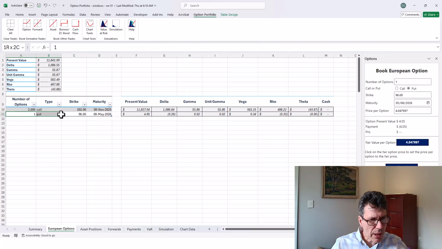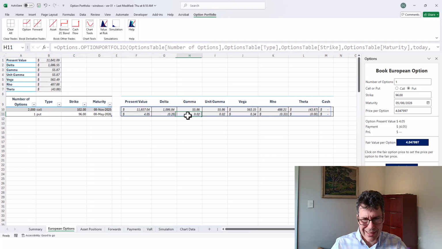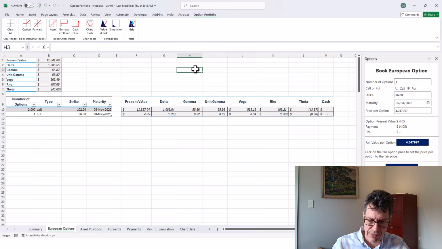And here are my put options, just one of them, and it's got a gamma of 0.02. So if I take this gamma and divide it by this other gamma, we need 3,265 options. I'll write that down, 3,265 options.